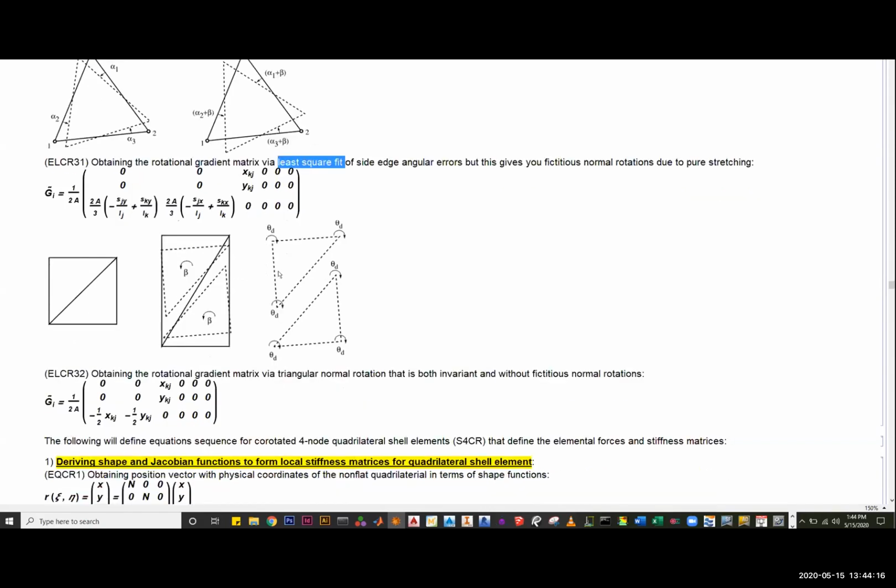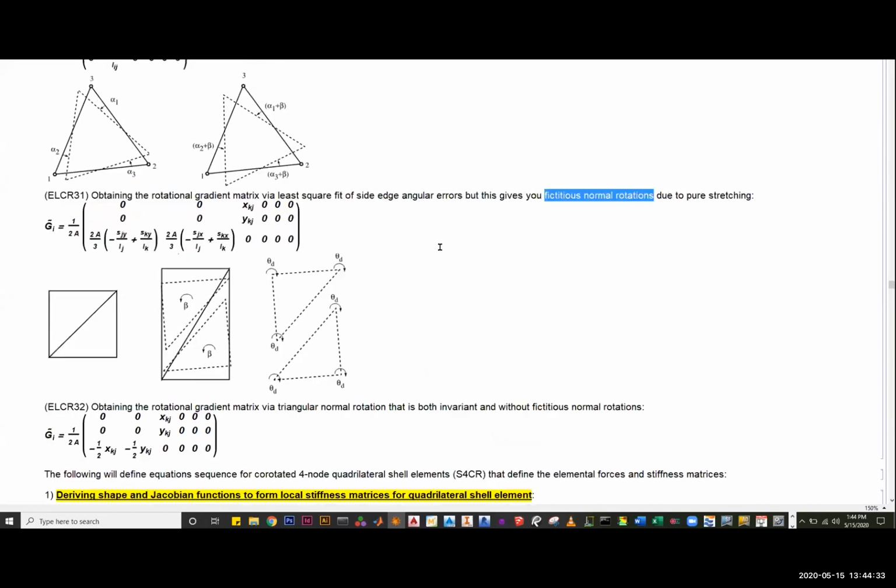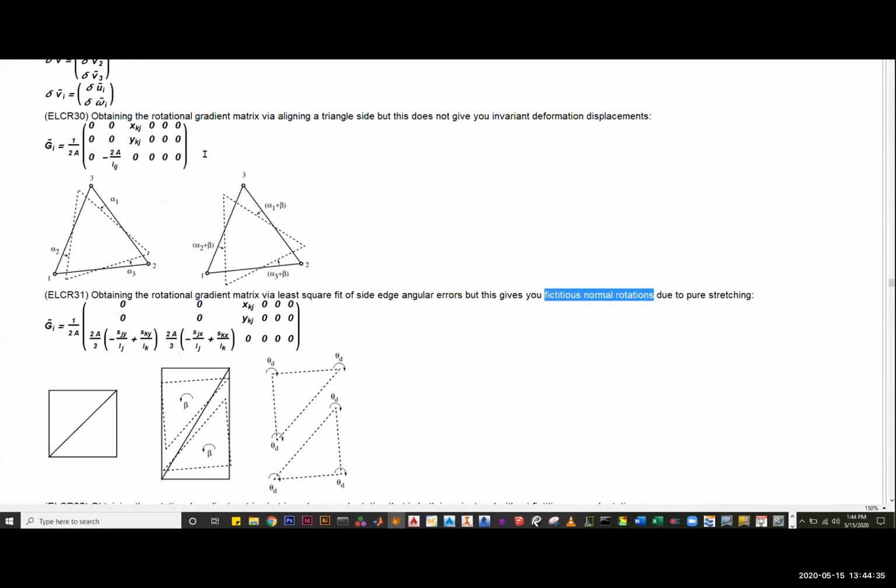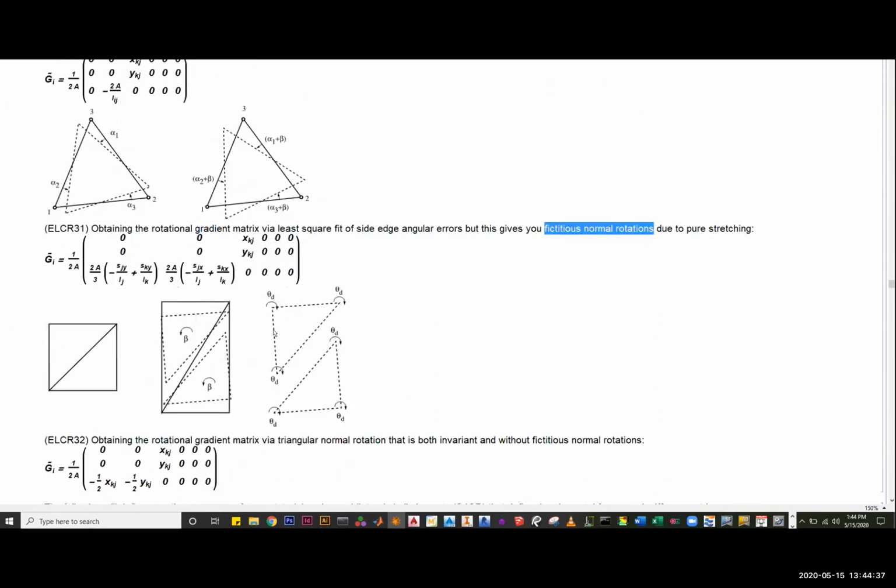But again, this is not that good. If you remember, this G is a rotation, but then you're not really doing a rotation, you're doing a stretch. So in the end, you're going to get these fictitious normal rotations. At the same time, you kind of resolve the first issue because it is invariant, but you're still not doing a rotation.